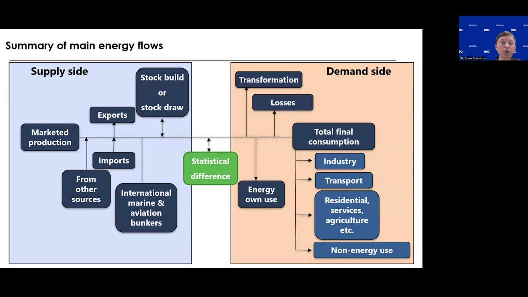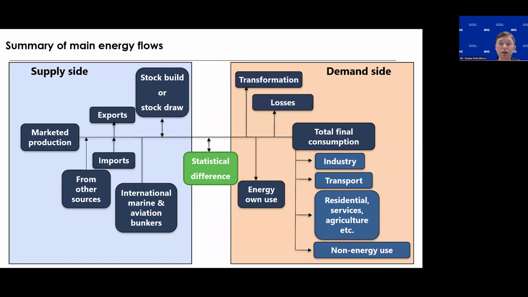The difference between the two large blocks of supply side and demand side is what we call statistical difference. Now, if you are measuring the supply side separately from your measurements of the demand side, it is very normal that you will end up with slightly different numbers. So the statistical difference will be non-zero.